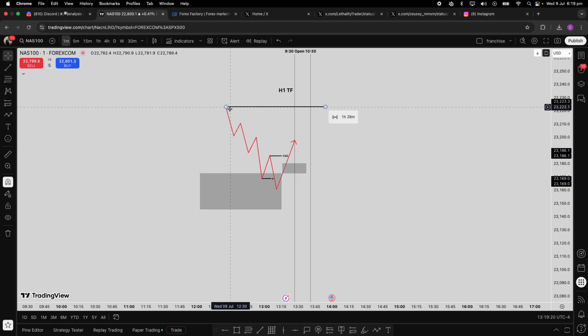So for price to move to this high and back to this high at 9:30 open, price has to seek IRL that links to this high. Now, as we move down, price would have to move away from this high to then return to it. And as we get closer and closer, you'll see more speed.